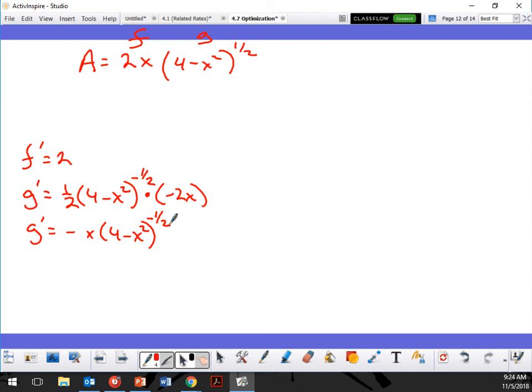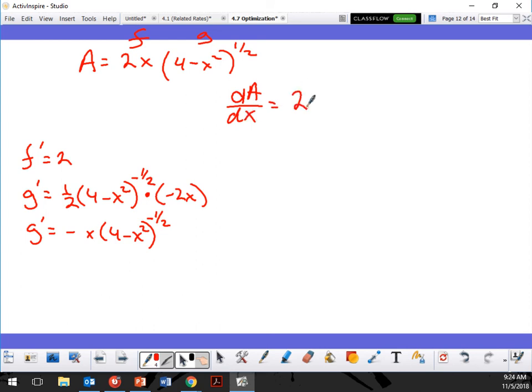All right. So F prime G, so that's going to be dA/dx, right? Equals... I lost it.